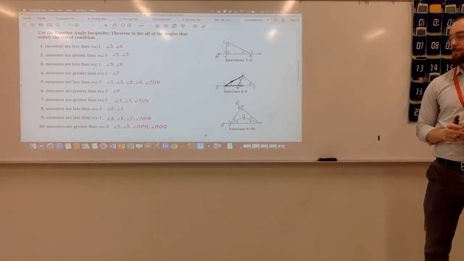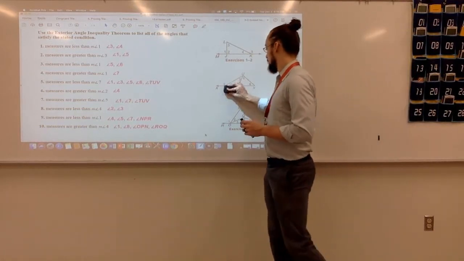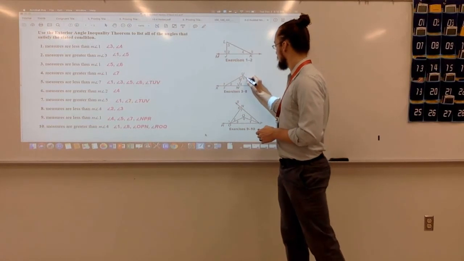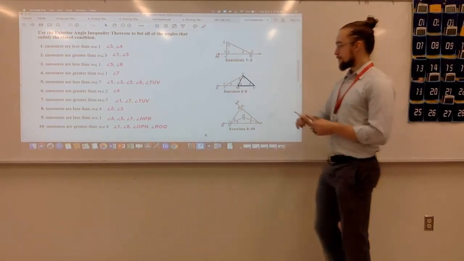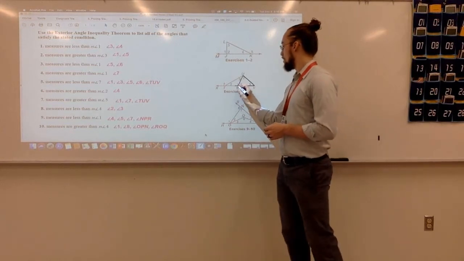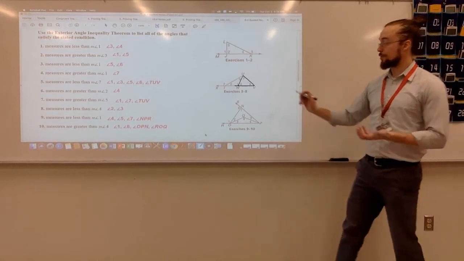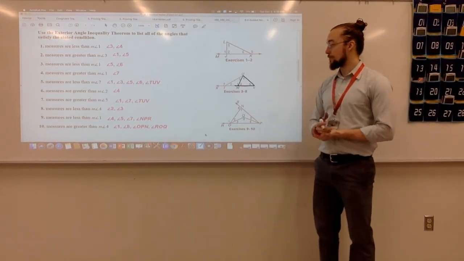What else? 7. So angles larger than angle 5. This triangle here, angle 1 is our only non-adjacent exterior angle. So angle 1 would have to be larger than both 5 and 6.